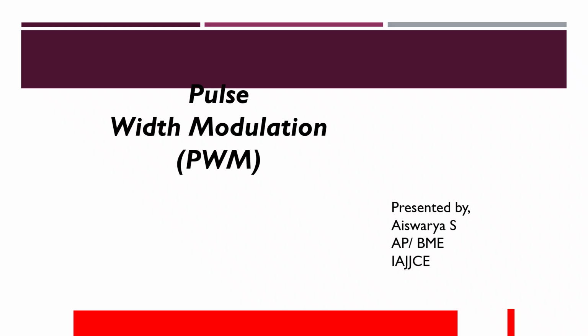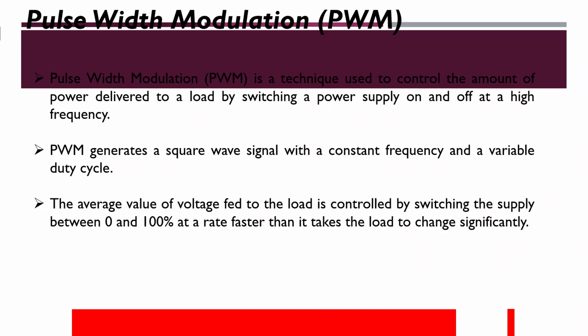So today we are going to see a new topic, PWM. PWM is nothing but pulse width modulation. PWM is a technique used to control the amount of power delivered to a load by switching a power supply on and off at a high frequency.